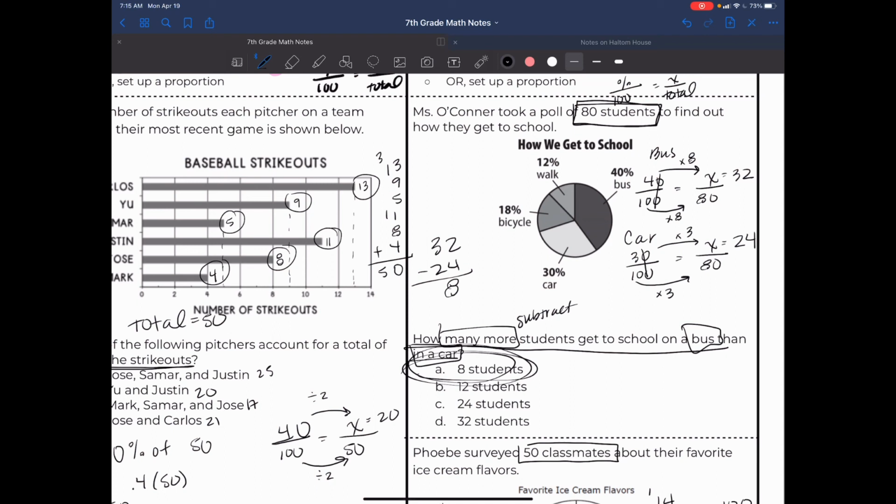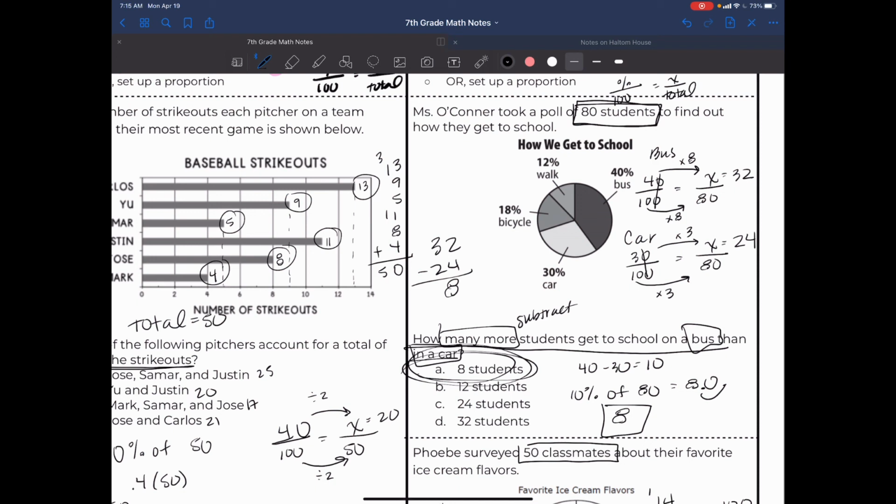All right, beauties, hopefully you were able to come out to 8. Another way to solve this one, and I just want to show you real quick, is that 40% is greater than 30% by 10%. And I could have just found what is 10% of 80, which just means we move the decimal to the left one time.